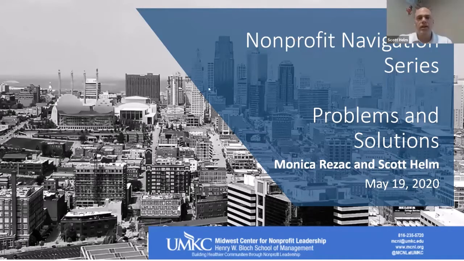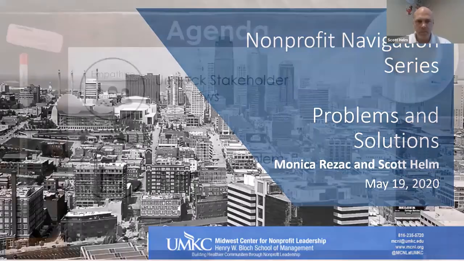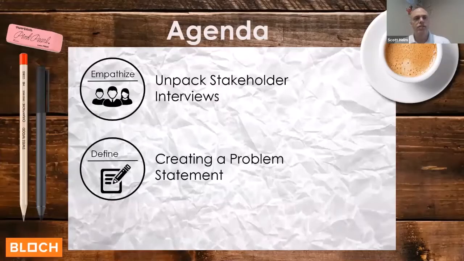Today, we are going to get into problem definitions and solutions. It's part 3 of our design thinking series, but we believe these sessions should stand alone, and there's value in them that does not require being part of the other sessions. That being said, the videos are up on the entire navigation series, so if you missed one or two, go back and check those out.